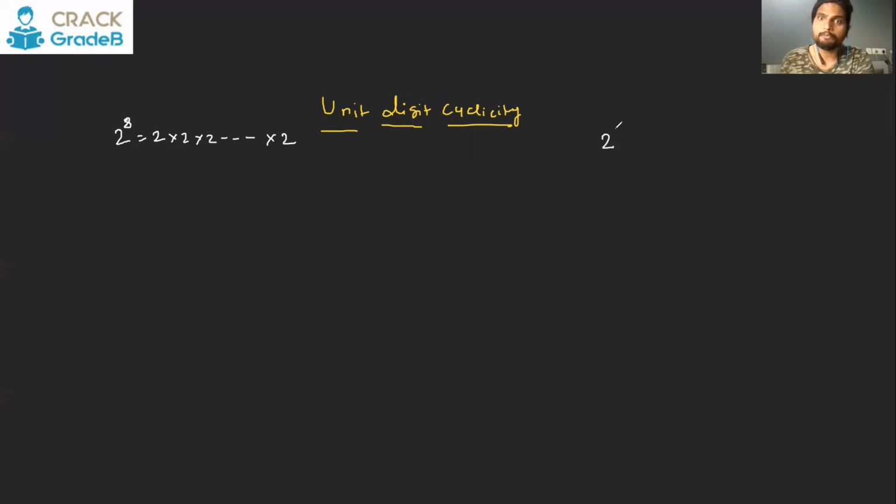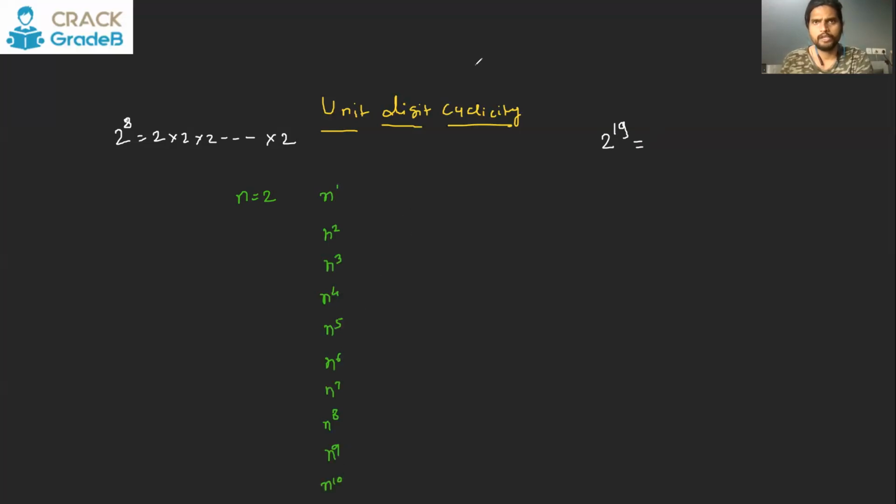So consider 2 raised to the power 19. If you want to find the last digit of 2 raised to the power 19, you'll have to observe how the cycle of 2 is formed. If I put n equal to 2, how does the cycle go for n raised to the power 1, n raised to the power 2, and so on up to n raised to the power 10?